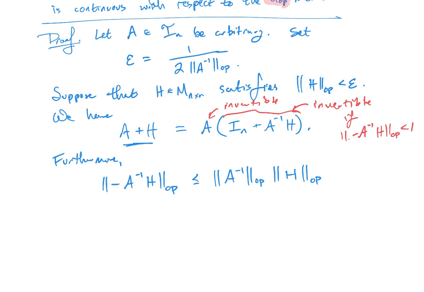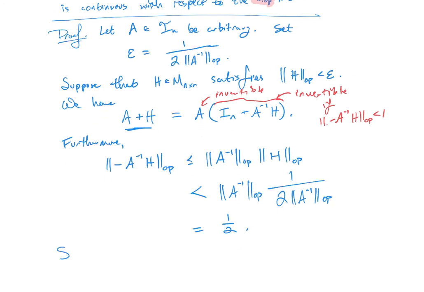This is less than 1. Okay. So A plus H is invertible by our previous result.